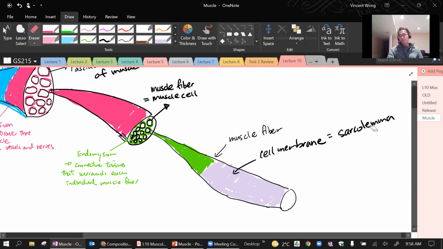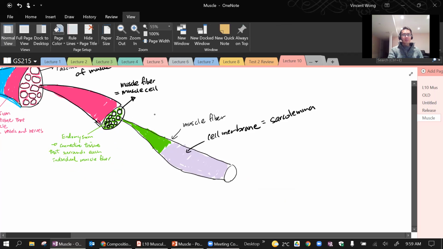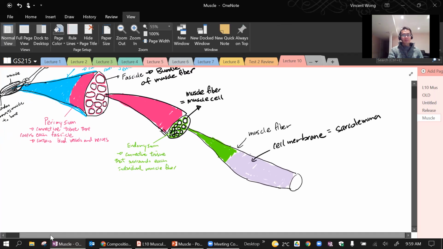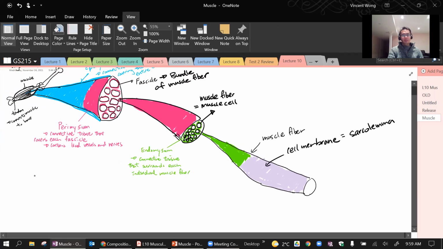It's the same thing, but a special name for muscle. Does anyone have any questions, seriously, of what's going on here?